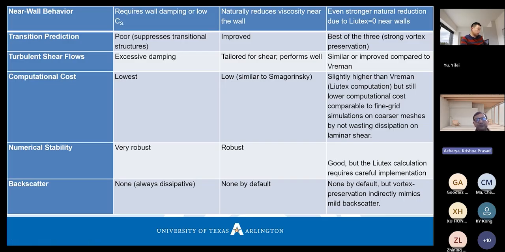Numerical stability: Smagorinsky very robust, Vreman robust, Liutex Vreman good, but the Liutex calculation requires careful implementation. Backscatter: none by default, but vortex preservation indirectly mimics mild backscatter.